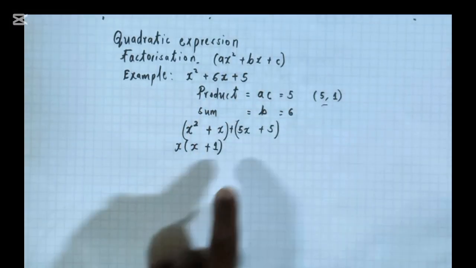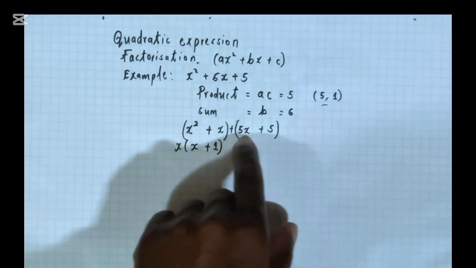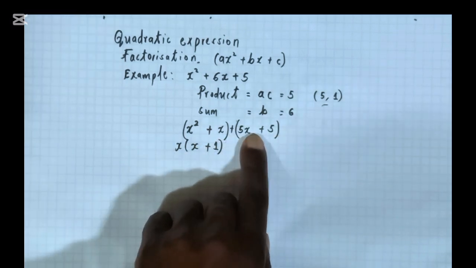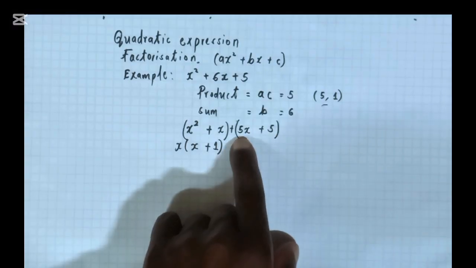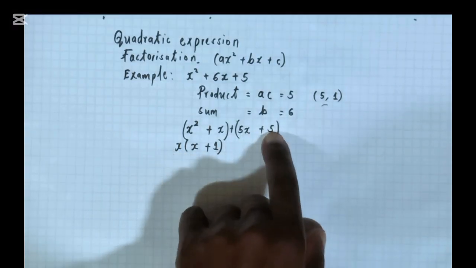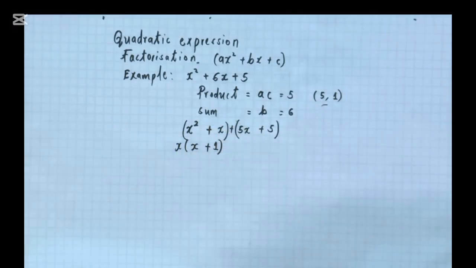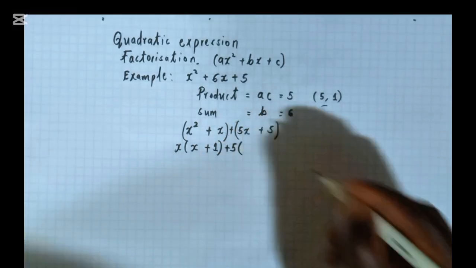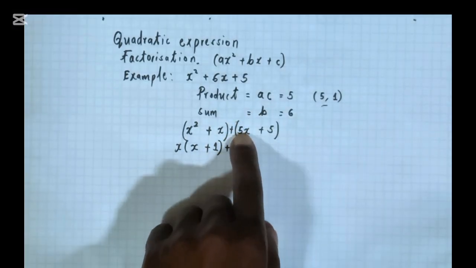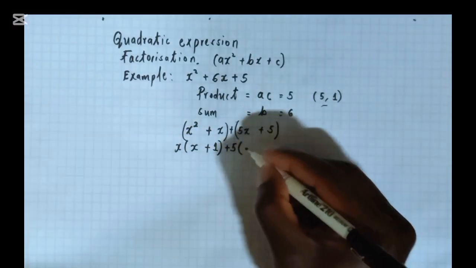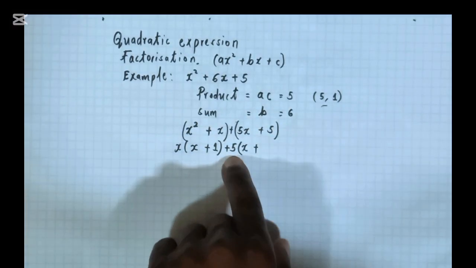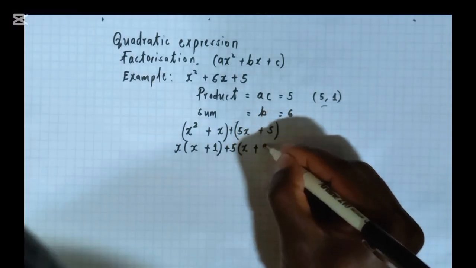Then looking at the second pair, we have 5x and 5. The greatest common divisor between these two terms happens to be 5. So we're going to factorize that out, and we're going to have plus 5 into 5x divided by 5, which gives us x, plus 5 divided by 5, which gives us 1.